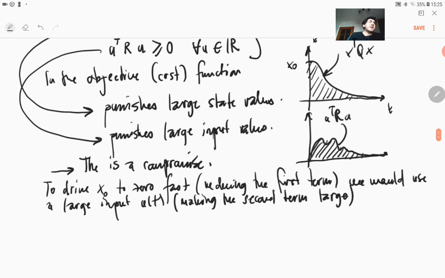So you cannot just make the input infinitely large in order to make x go to 0 infinitely fast. You have to really strike a balance.